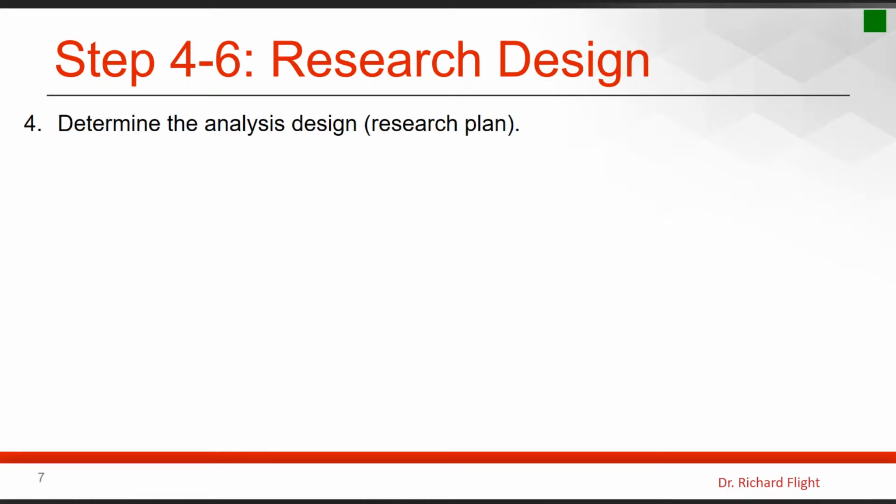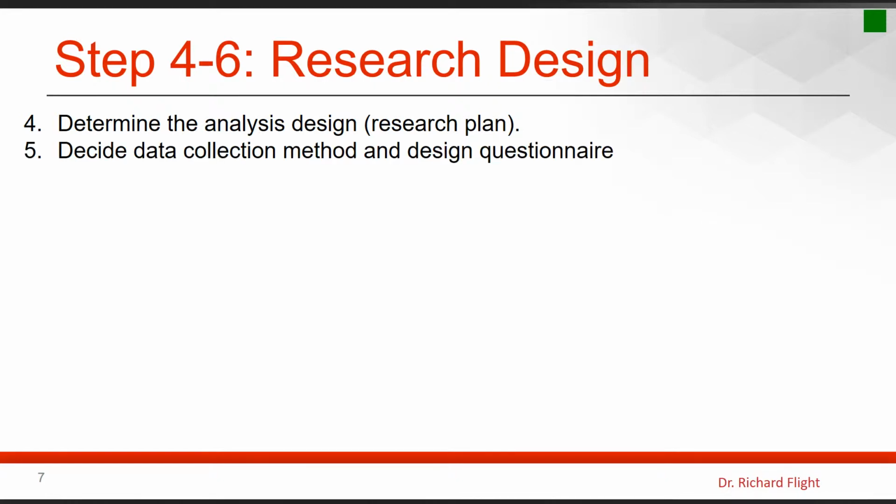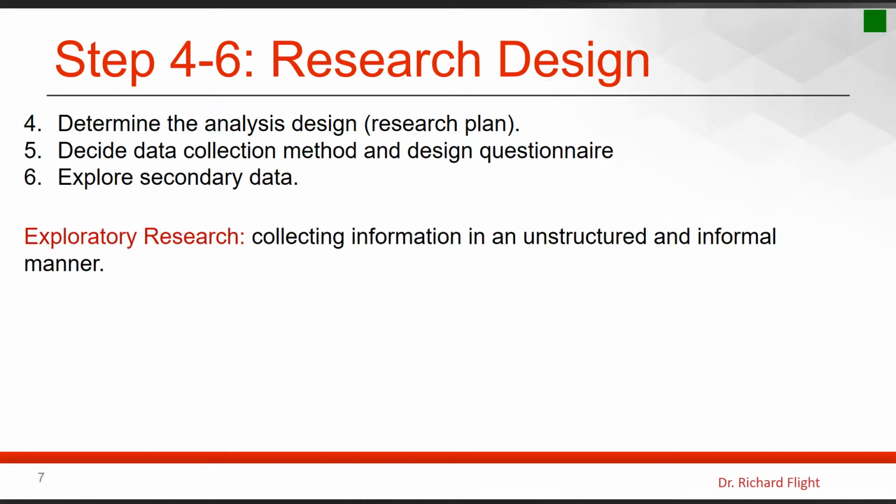So determining an analysis design, or what we sometimes call a research plan, deciding on our data collection methods and designing a questionnaire. We also want to explore other forms of data that may also be available to us. Inside these steps, we may think about the different types of research that are possible.